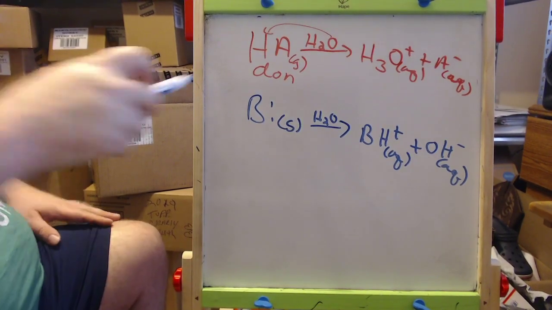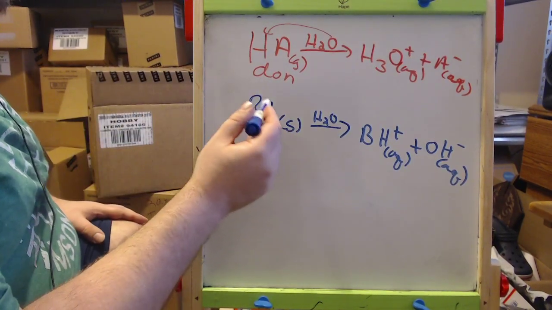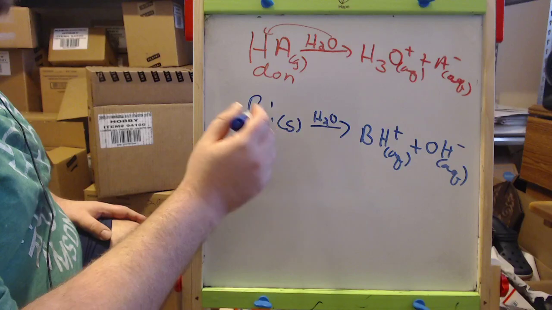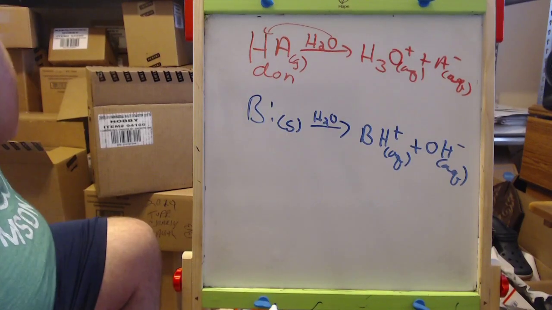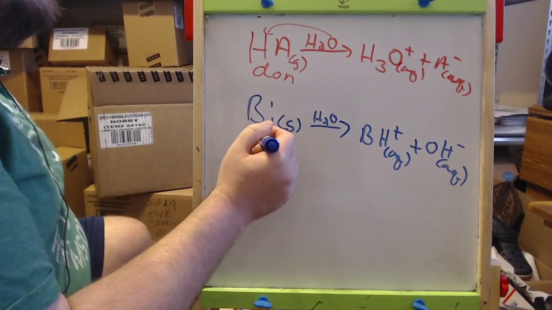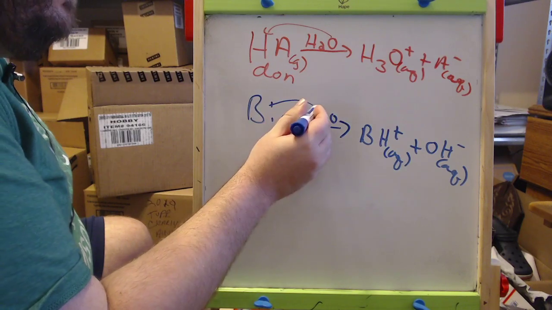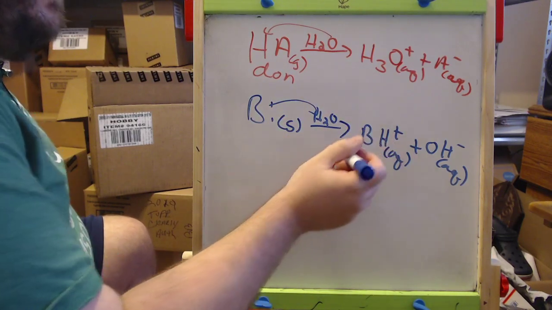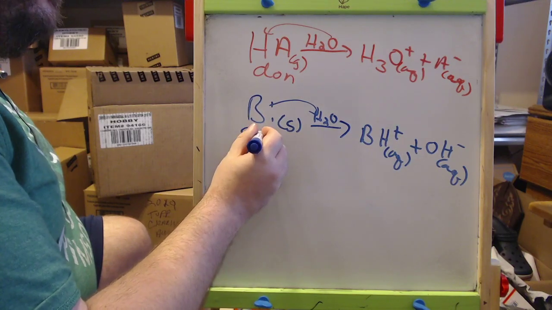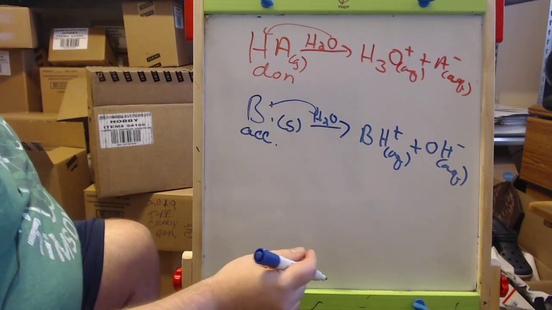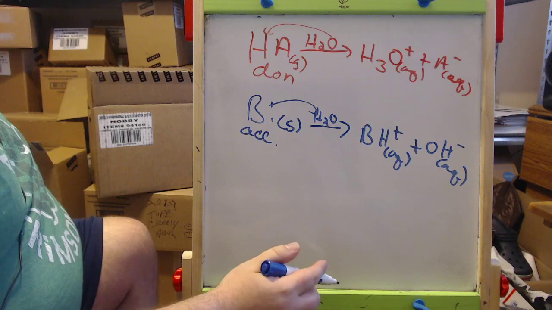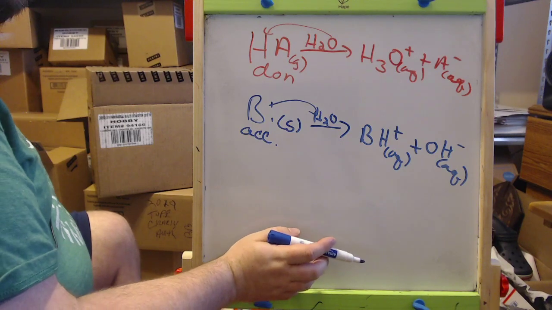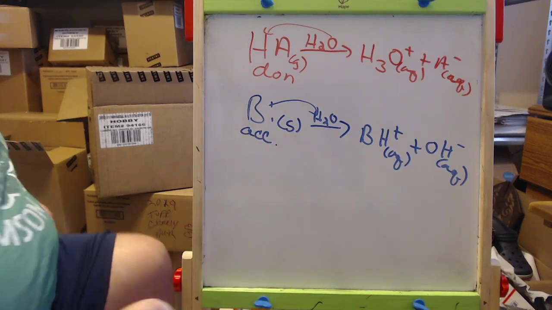If we look down here, here's a general form of a base. You'll either see it as a B with two dots or a B with a negative charge. I'm a base. My base took a hydrogen from water. I am a proton acceptor, therefore I'm a base.